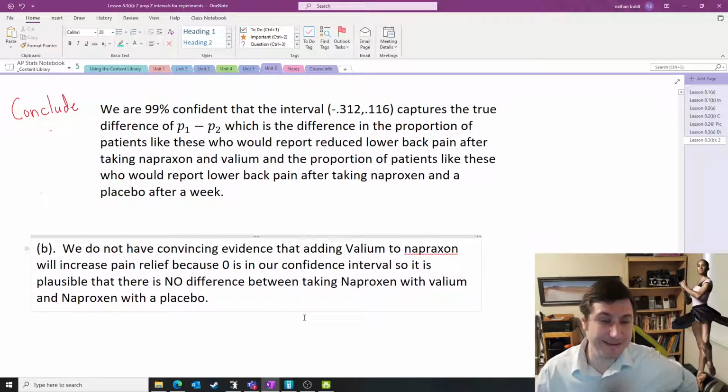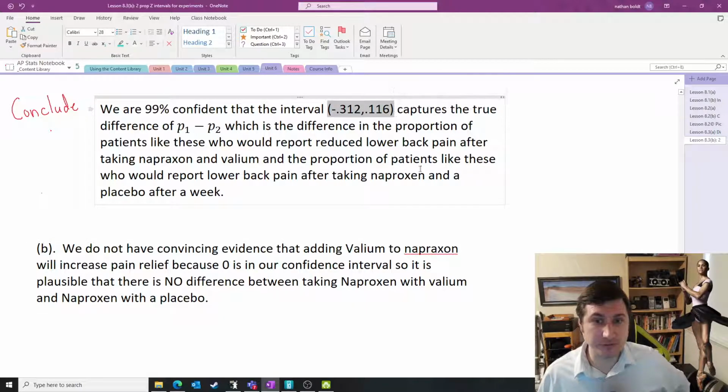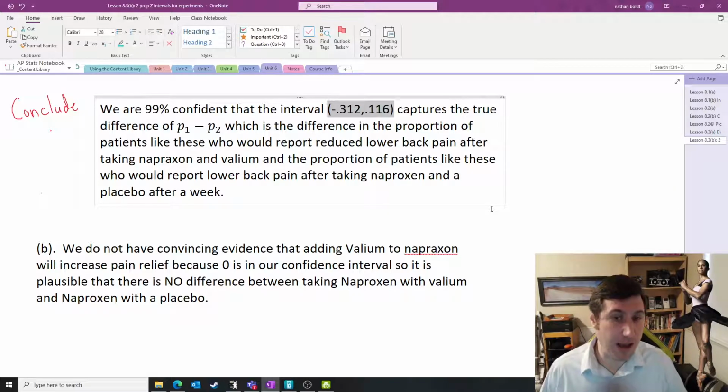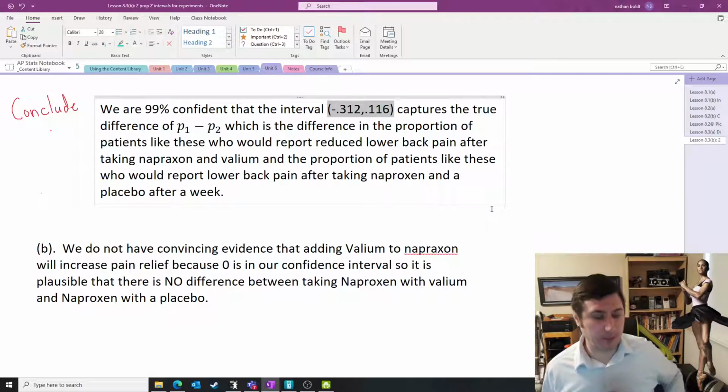A couple of things about that statement, all right? Hopefully, first, the logic makes sense. Hey, 0 is a plausible value. 0 is in this interval, so it's perfectly plausible that there is no difference. You have to be careful, though. You do not want to imply that there is, in fact, no difference between the two. We don't know that for sure.